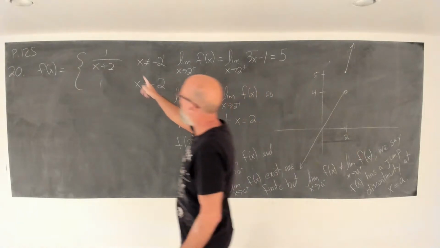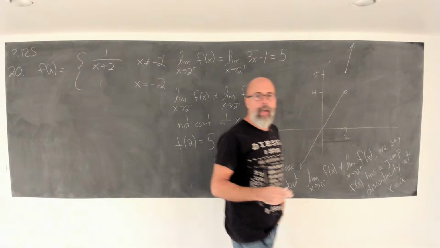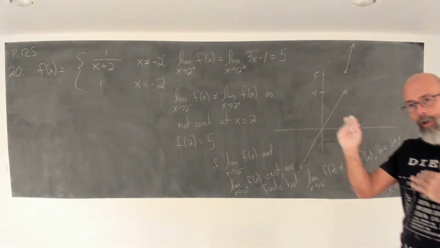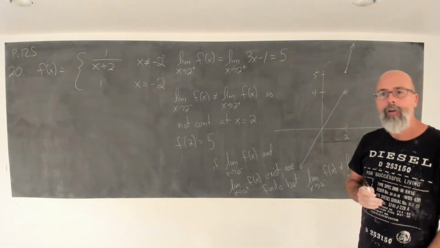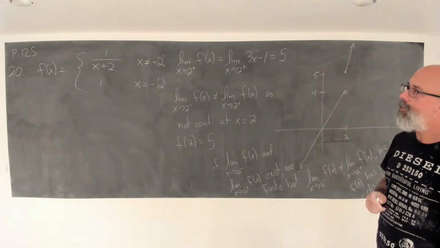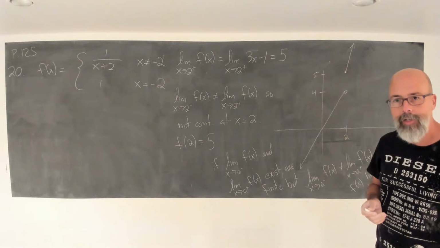This function here, you recognize as a rational function, right? It's one polynomial divided by the other. And from your work on limits, you know that the limit is going to exist everywhere the denominator is not zero.